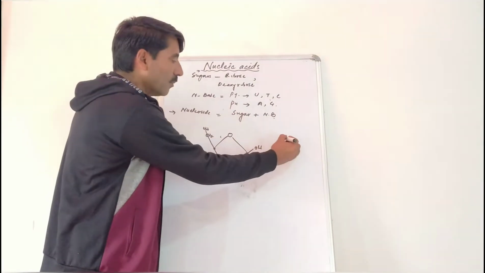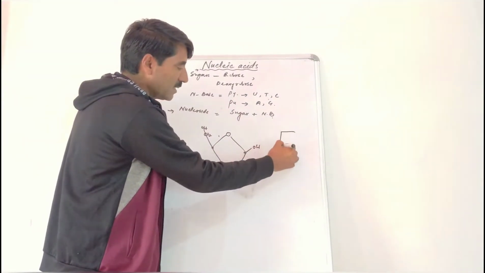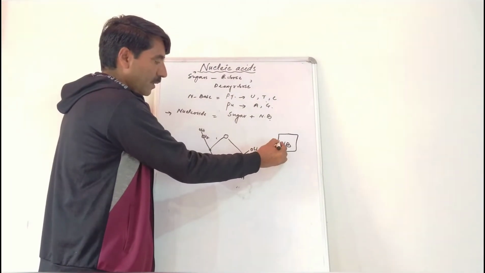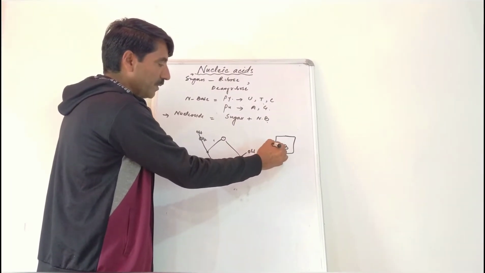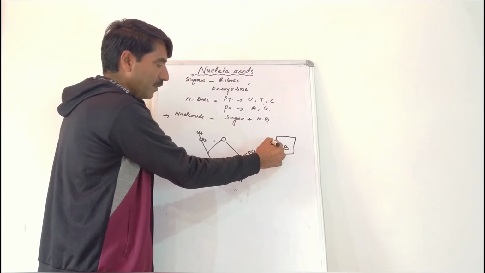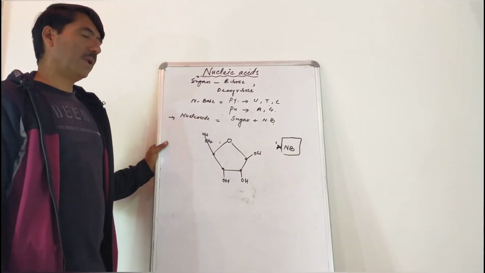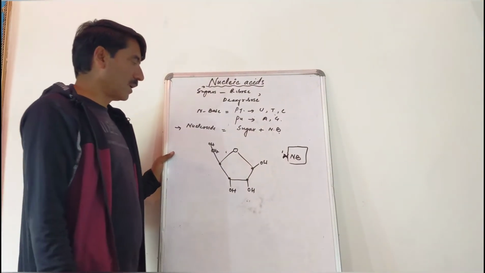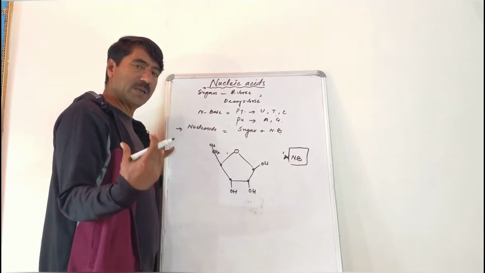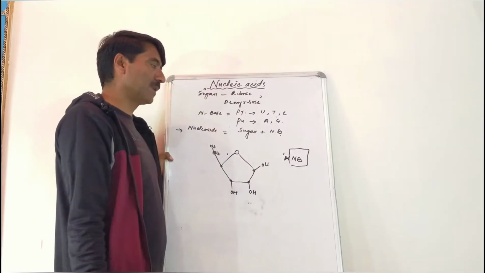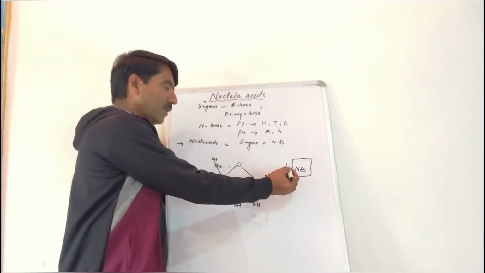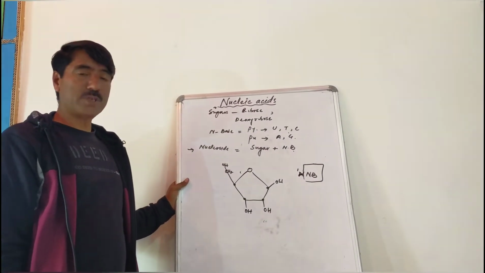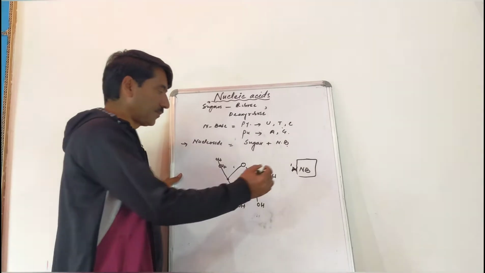Now in pyrimidines we have learned, let this be a nitrogenous base, and let this be nitrogen number 1 in case of pyrimidines, or it may be nitrogen number 9 in case of purines. जैसे कि हमने आपको पहले ही उस वीडियो में ये बताया कि these positions in the nitrogenous base are very important. Nitrogen number 1 in case of pyrimidines and nitrogen number 9 in case of purines.